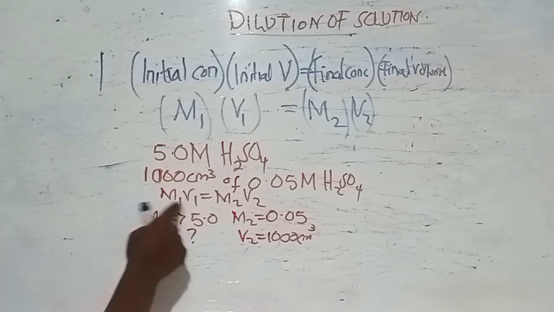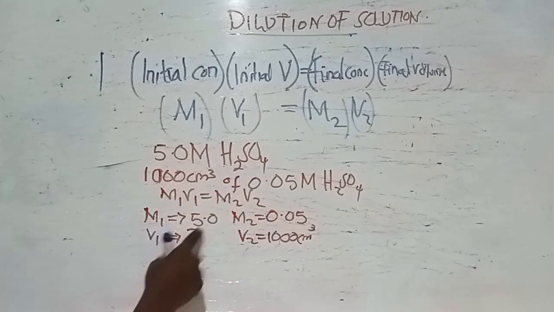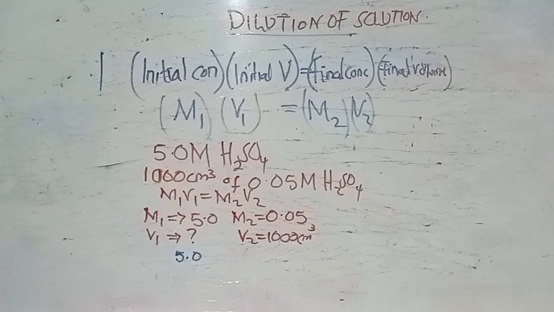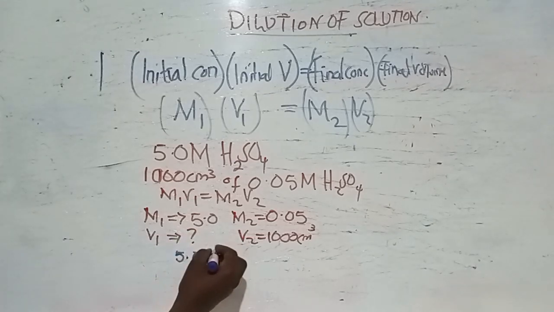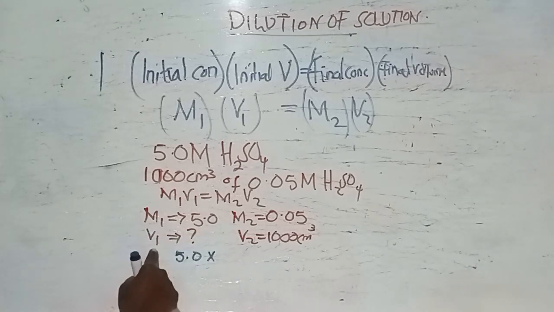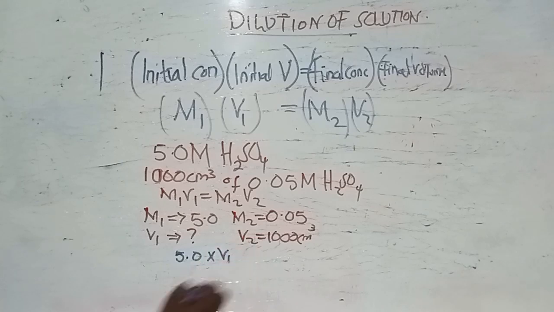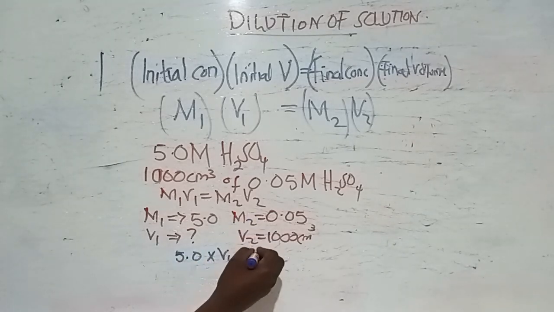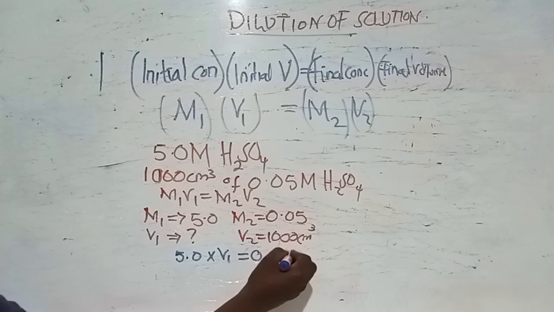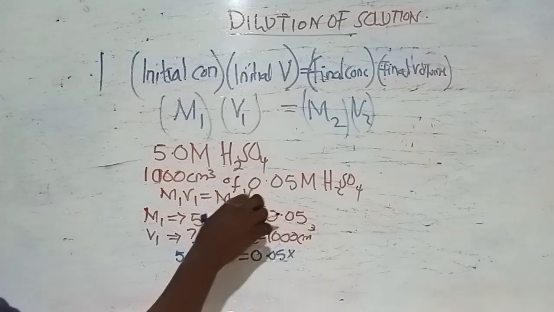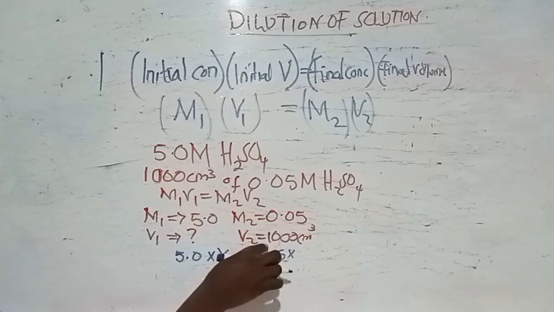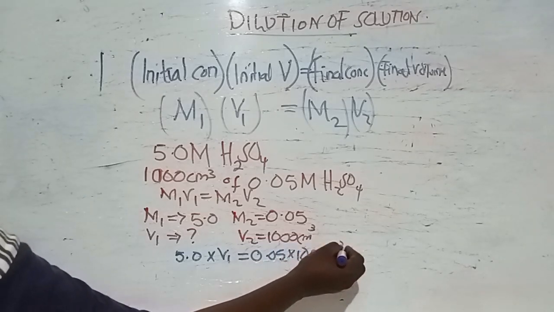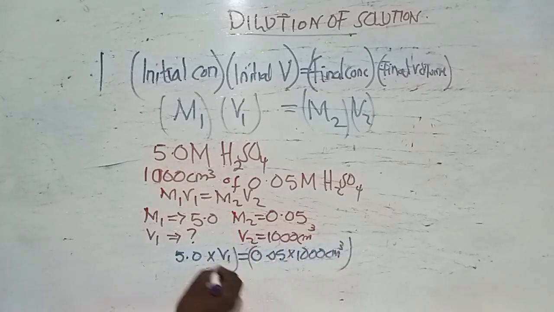Now M1 V1 is equals to M2 V2. So we have M1, which is 5.0, you multiply by your V1, which we don't have, to give you your M2, which is 0.05, times V2, which is 1,000 centimeters what? Cubic. So what do you get?